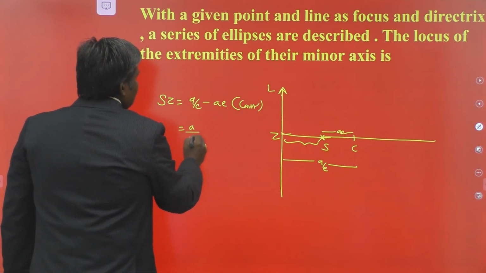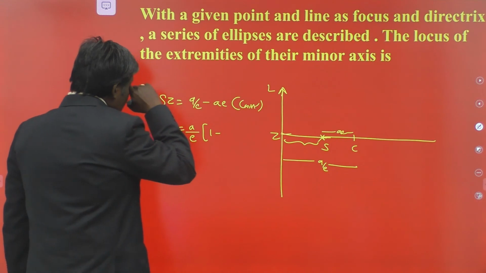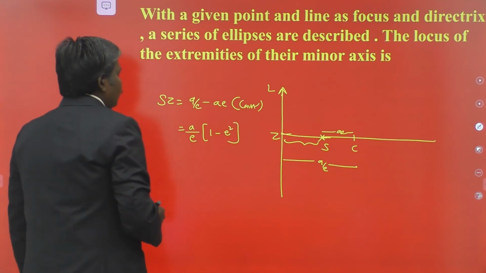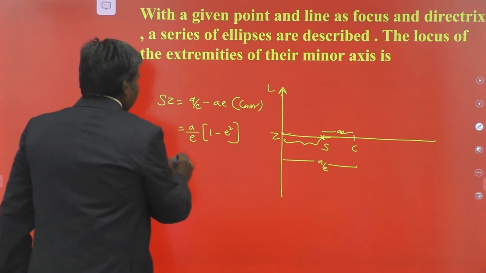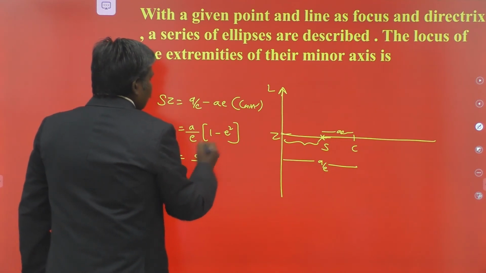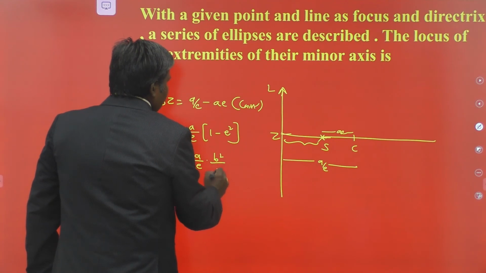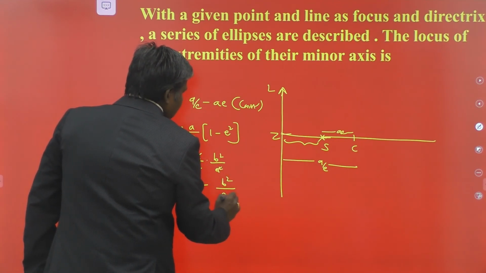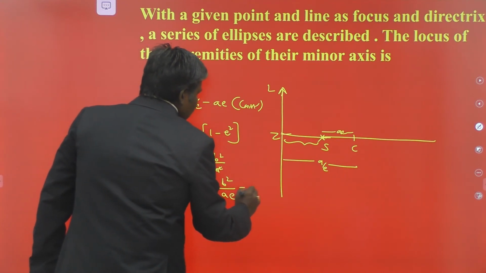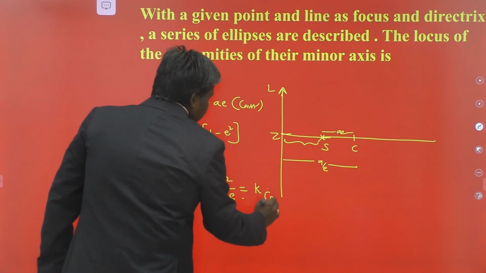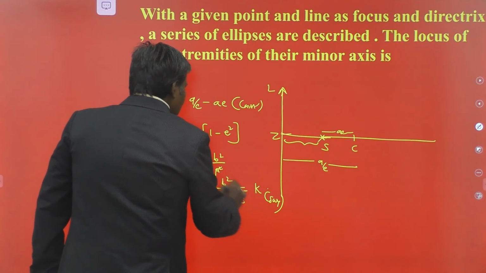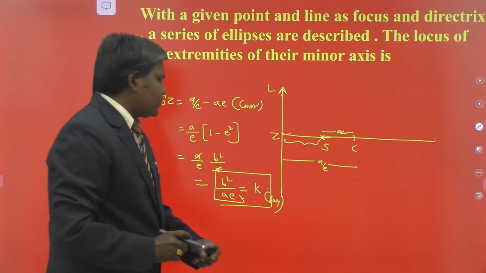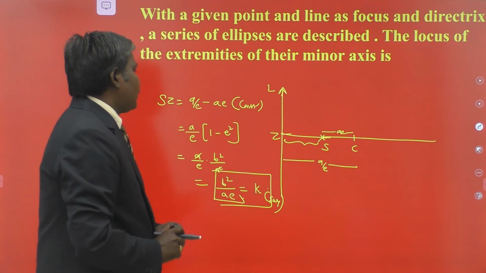That means A by E times 1 minus E square. A by E into 1 minus E square means B square by A square, so A gets cancelled. We have B square by AE. This is constant, say K. This is the obtained condition from the given data itself. K is equal to B square by AE.